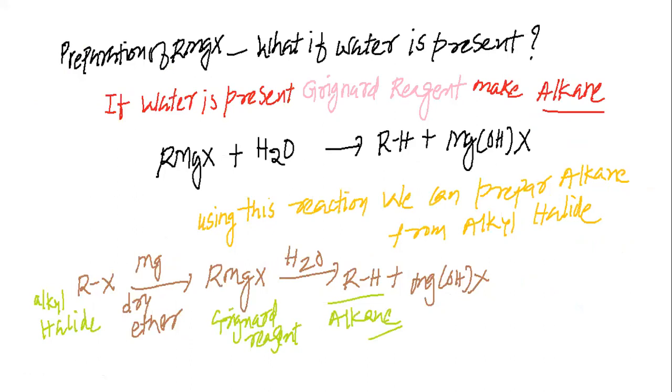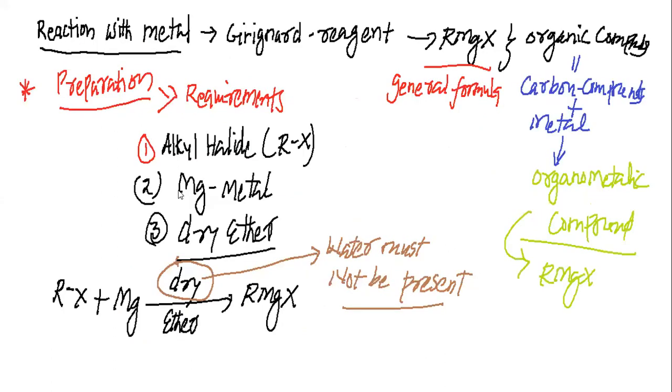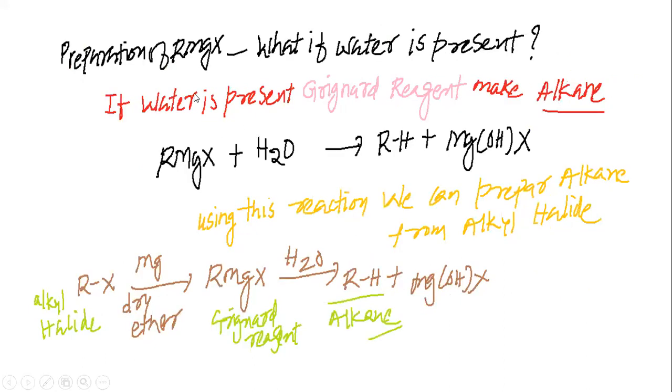What if water is present? During the preparation of Grignard reagent, my dear students, we have seen that we need a dry ether. That means water must not be present during this reaction. But suppose during the preparation of RMgX, what if water is present?